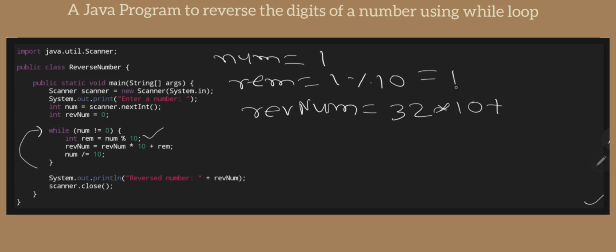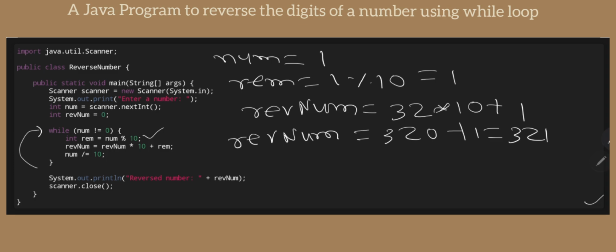The remainder is 1, because 1 modulo 10 will always give 1. Now 320 plus 1 is 321. So reverse number is 321.